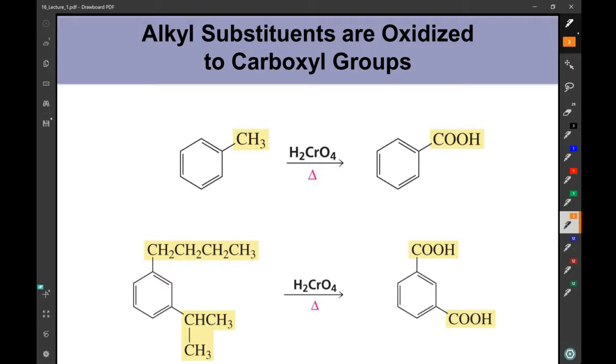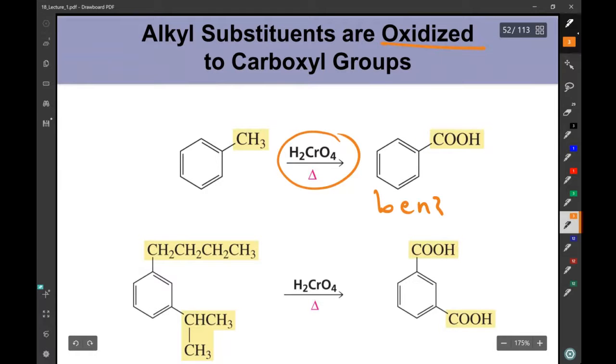Alkylated benzene can easily be oxidized. Oxidation is the reverse of reduction. Oxidation is addition of oxygen. So when you have an alkylated benzene and you use an oxidizing agent, for example, we're using chromic acid here, the oxidizing agent will transform the benzene into benzoic acid. This is a carboxylic acid.